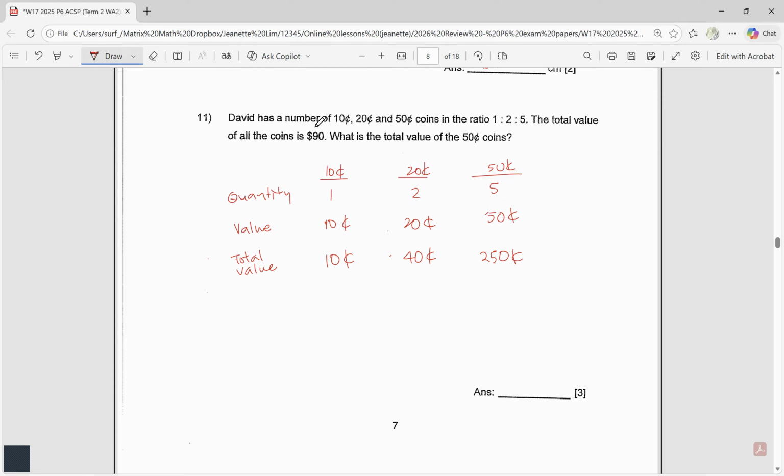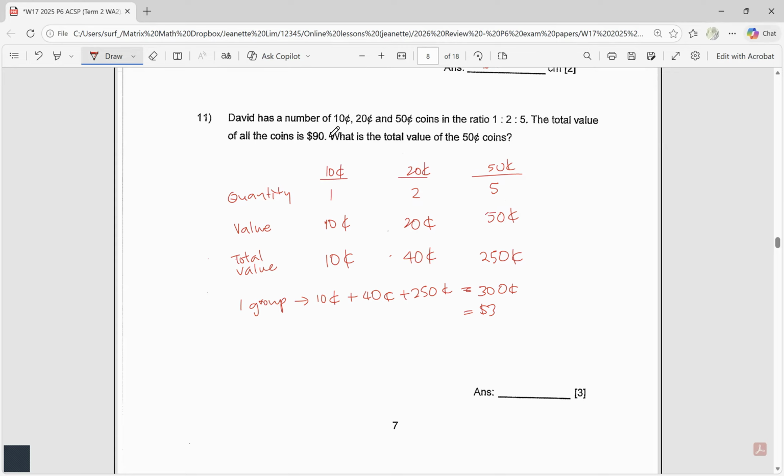So in one group, I should be finding the total amount of money. So one group will be 10 cents, 40 cents, and 250 cents. So this will give us 300 cents, which is the same as $3. So in one group, I have $3.